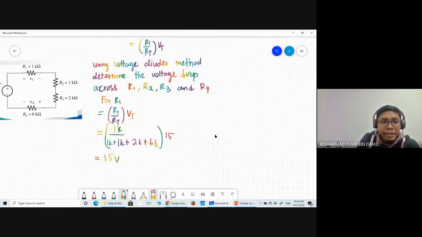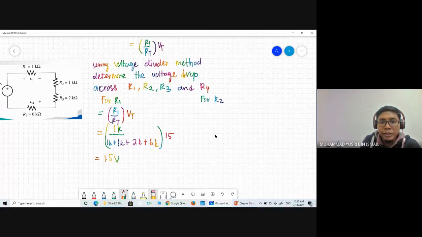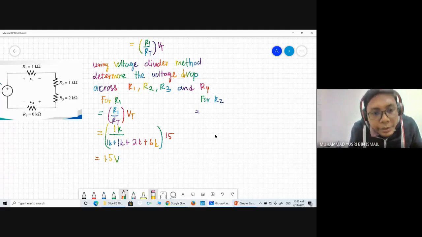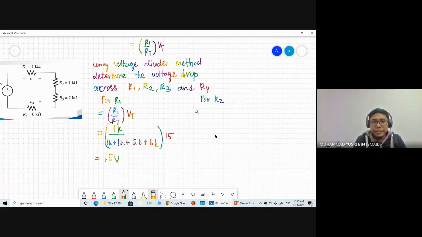And then for R2, it is similar. So it's equal to 1.5 volt.